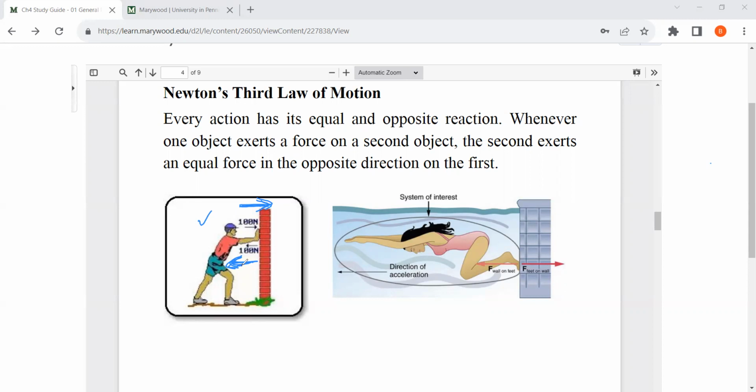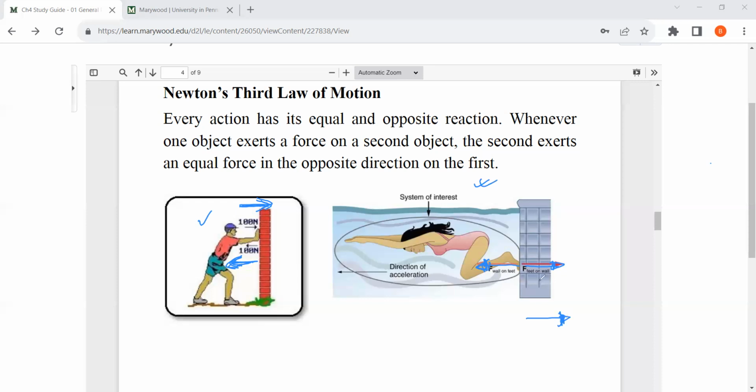All right, here is another example. This lady is applying some force to the wall in this direction, and the wall is applying the same force to this lady in the opposite direction. And you know that the lady is applying a force in this direction to the wall.